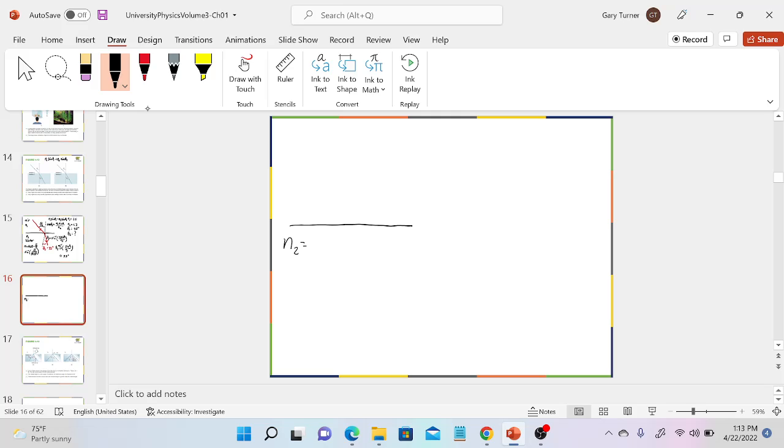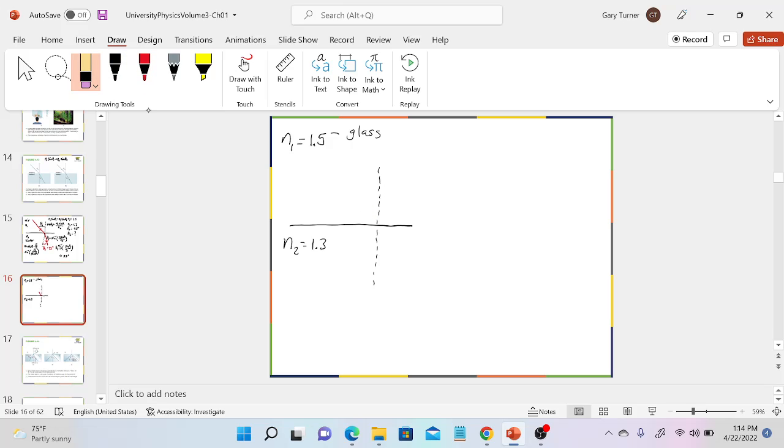And again, we'll let N2 be 1.3, and we'll let N1 here equal 1.5. So there's some sort of glass here, and I have my normal, and my incoming ray, and we'll keep things at 45 degrees.